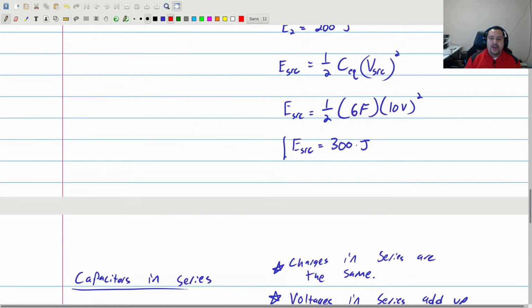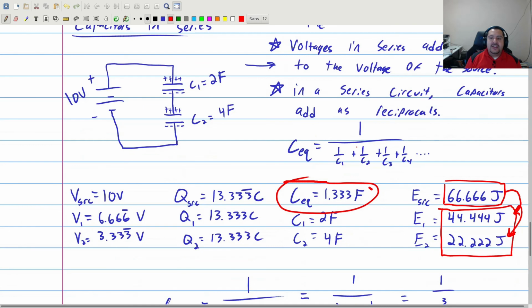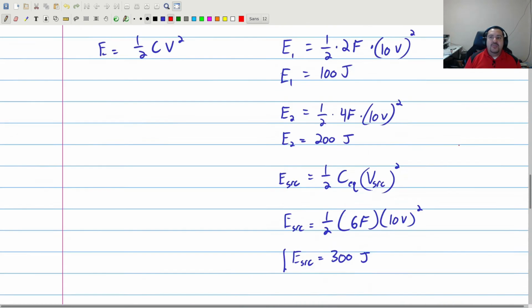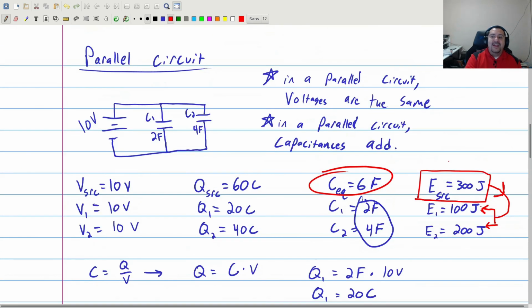Another thing you might want to notice is that the total energy stored in this circuit is 66.666 joules. In the parallel circuit, we had 300 joules. So, if you want to make your capacitors larger and store more charge, all you need to do is connect them in parallel. But if your capacitors are too big and you want to make them smaller, you can connect them in series.